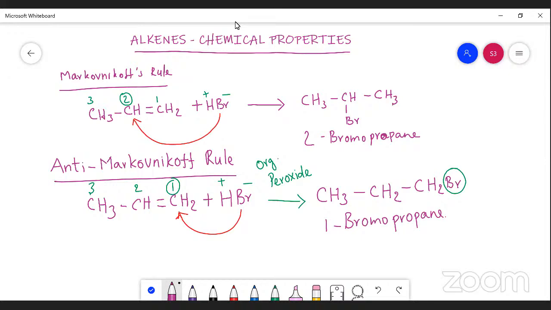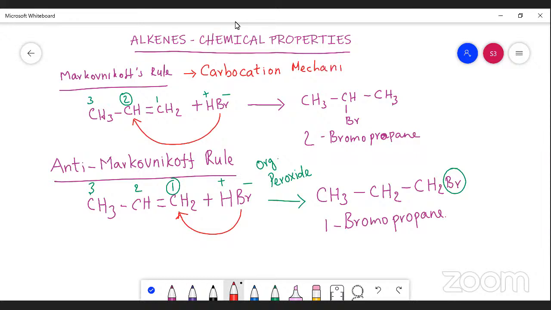Now, what is the mechanism of this? If you take the Markovnikov rule, it follows the carbocation mechanism. So a carbocation is formed.